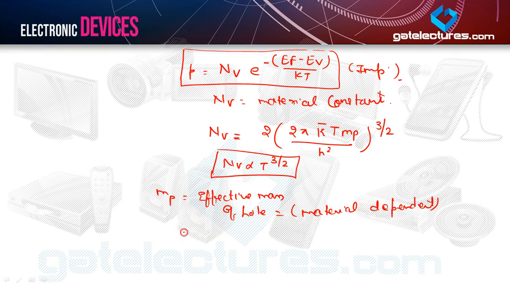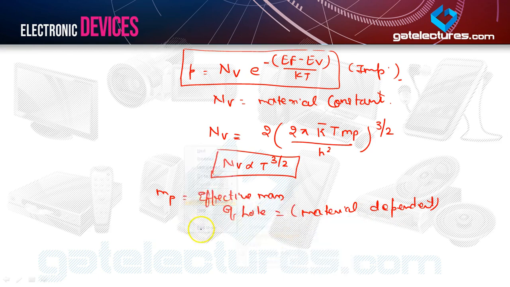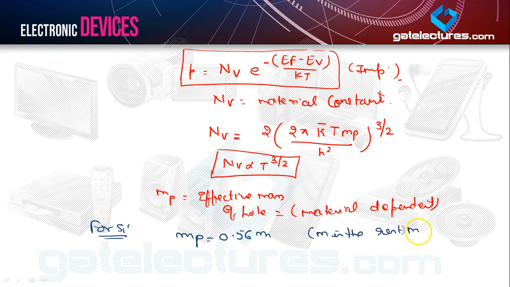For example, let's just take the example of silicon. For silicon, your mp is 0.56 of m, where m is the rest mass of the electron, 9.1 into 10 to the minus 31 kg, and this will remain the same.